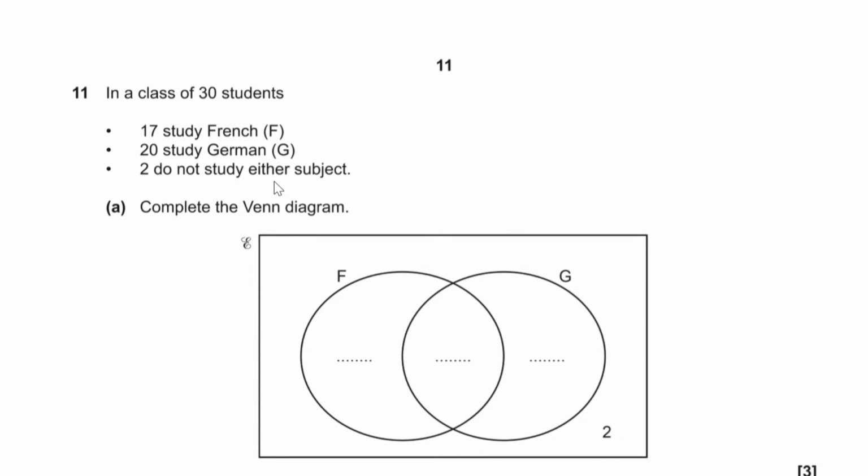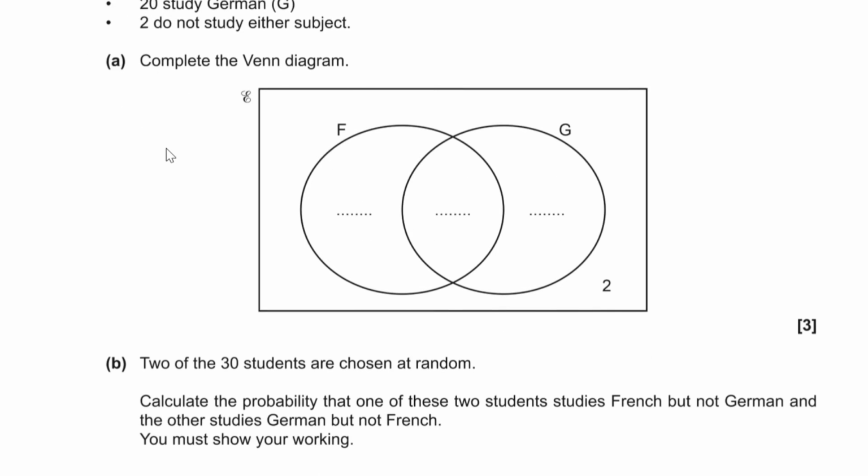Question number 11. In a class of 30 students, 17 study French, 20 study German, 2 do not study either subject. We have to complete the Venn diagram.